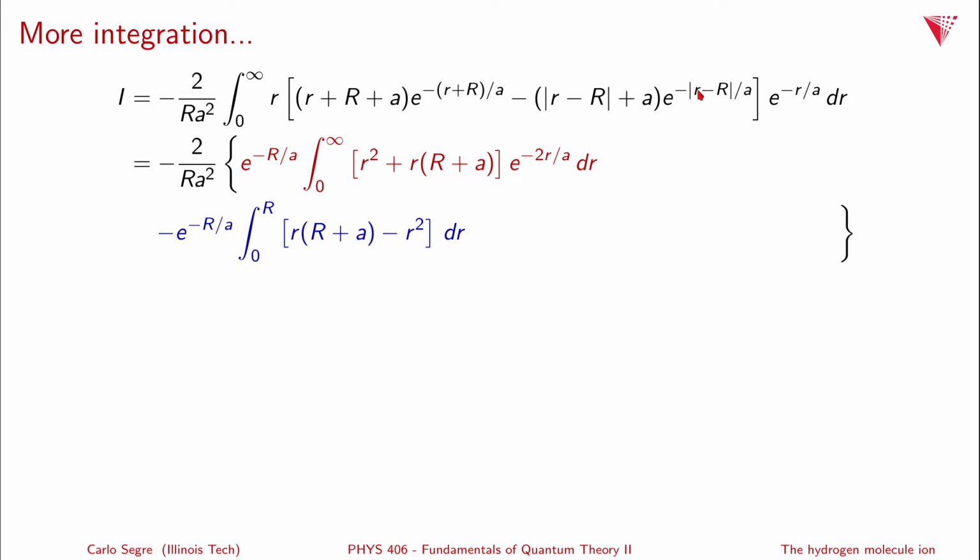So when little r, the variable, is less than capital R, this just becomes capital R minus a.